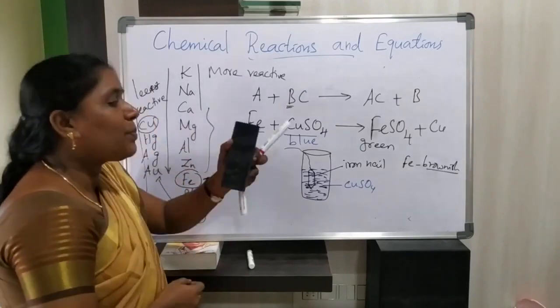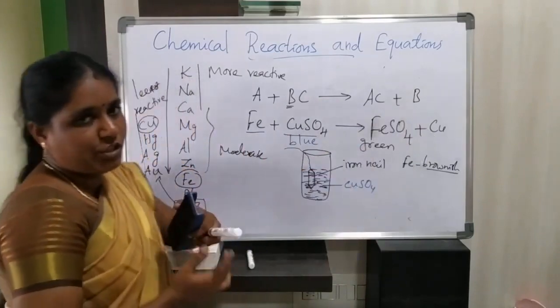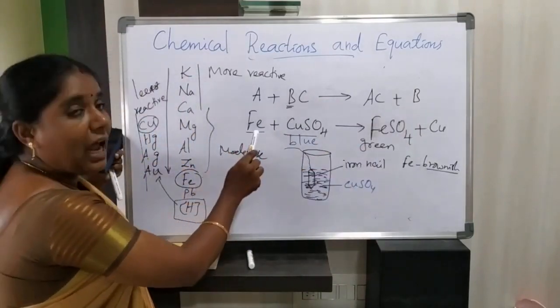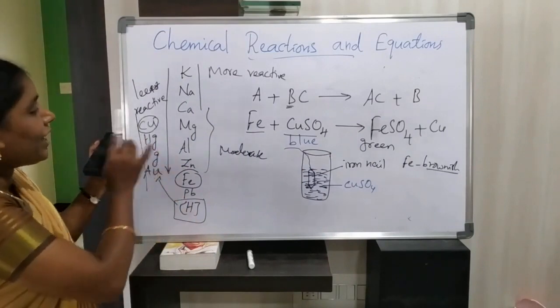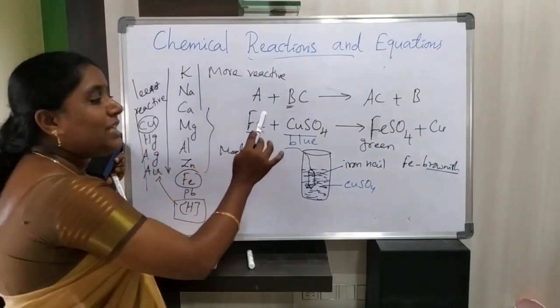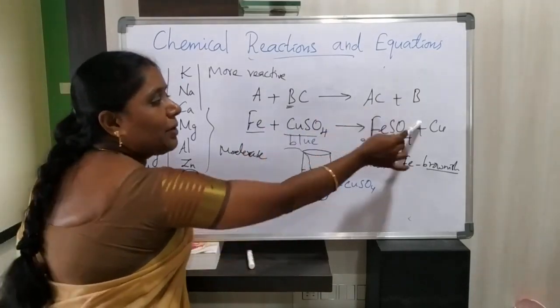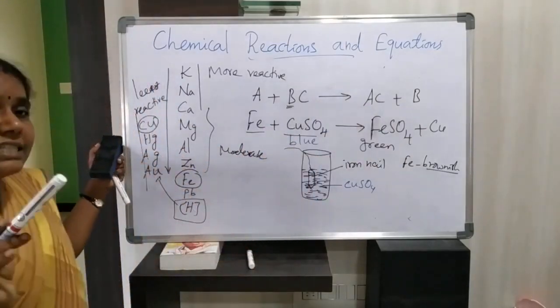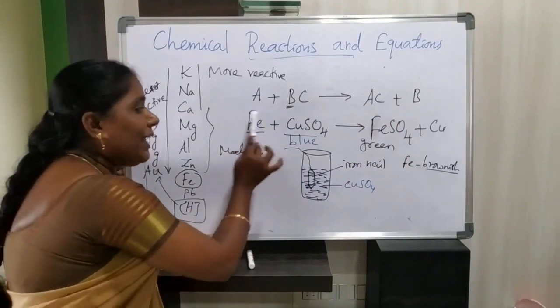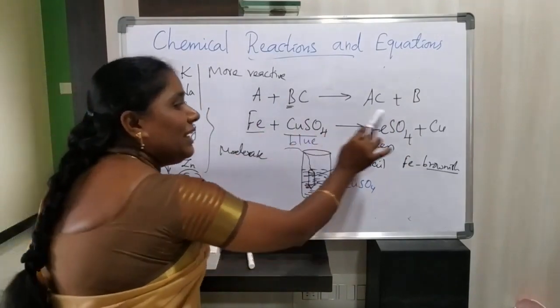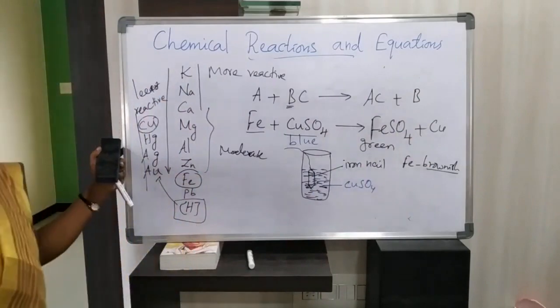So this iron displaces copper from copper sulfate solution. This type of reaction is called a displacement reaction. A more reactive element displaces the less reactive element from its salt solution.